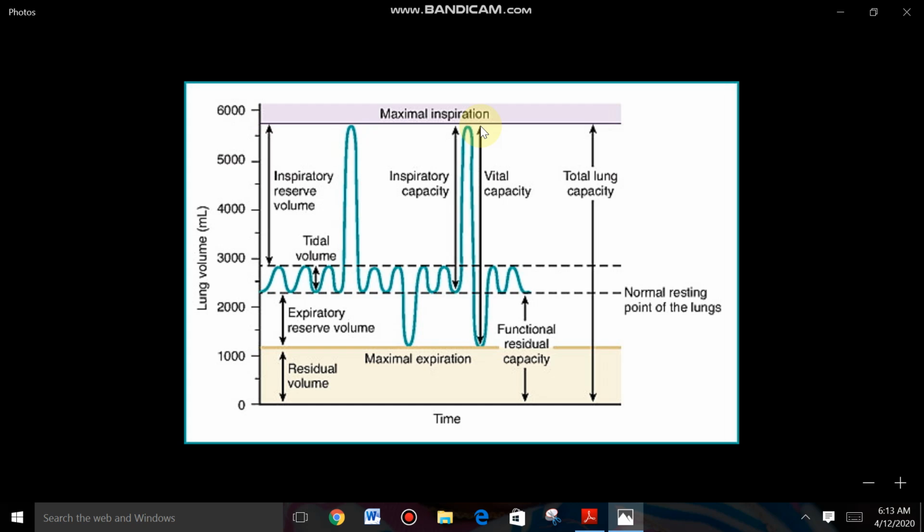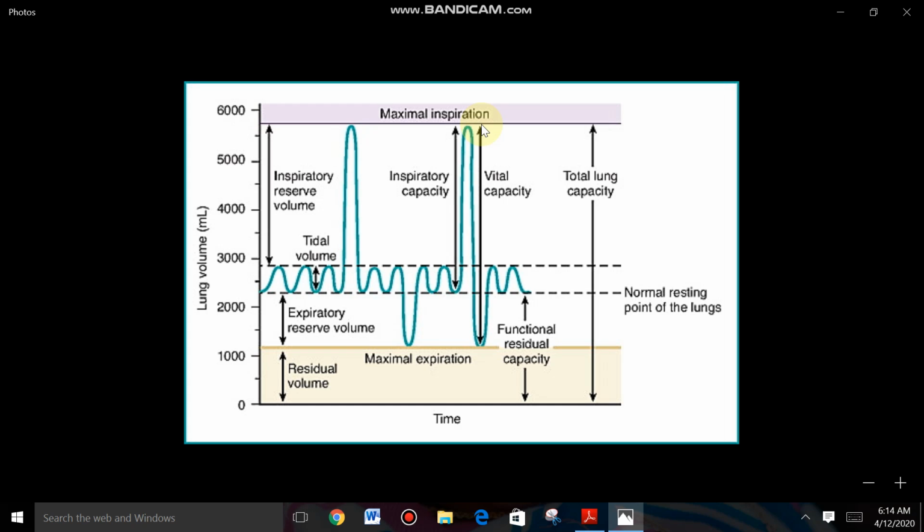So from this point, how much volume of air a person can exhale. So this much air a person can inhale means this much air a person can exhale, obviously, right? So you can describe from the inspiration point. Earlier we described from the maximum expiratory point, now we can describe from the maximum inspiratory point.